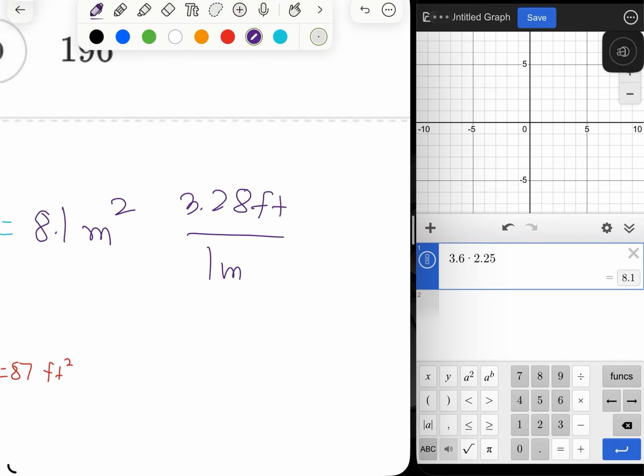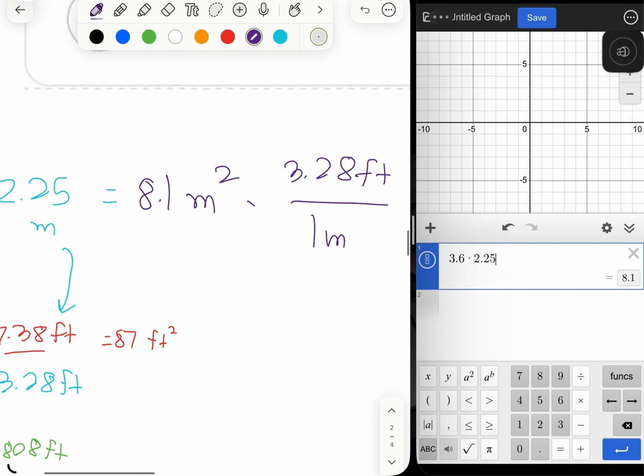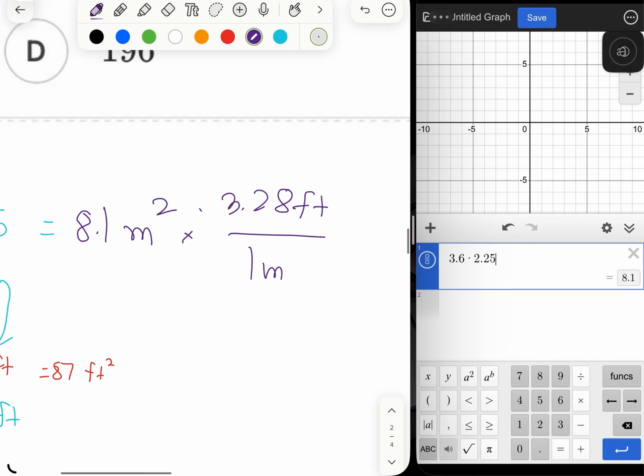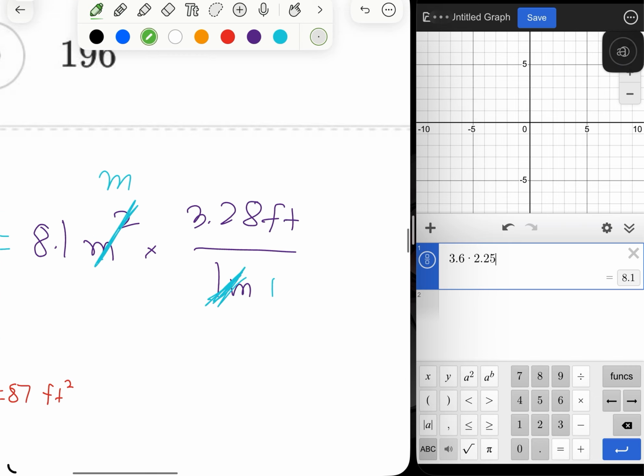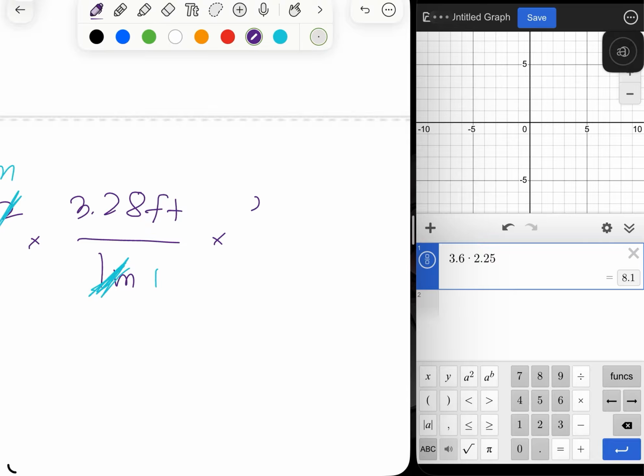If you multiply these two, you would realize one thing, that the meter here and the meter squared here, they cancel out. And essentially, this becomes just 1, and this becomes just a meter. If we know our end goal is to get feet squared, then essentially what you have to do is multiply by this unit conversion again, this ratio.